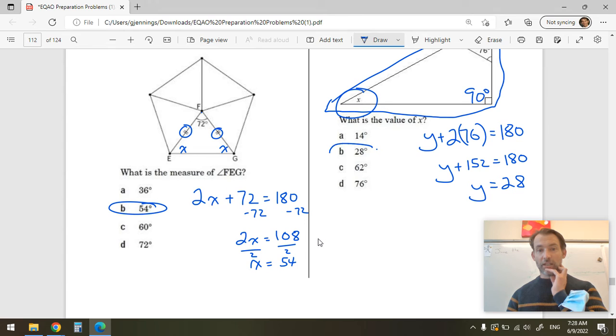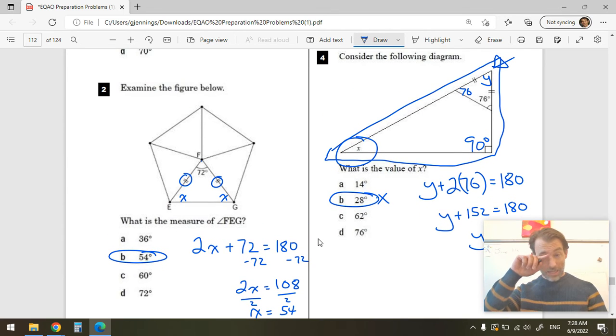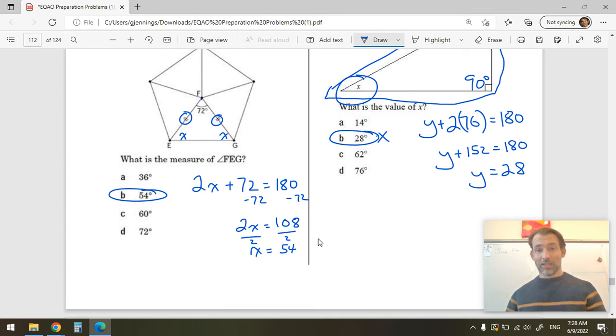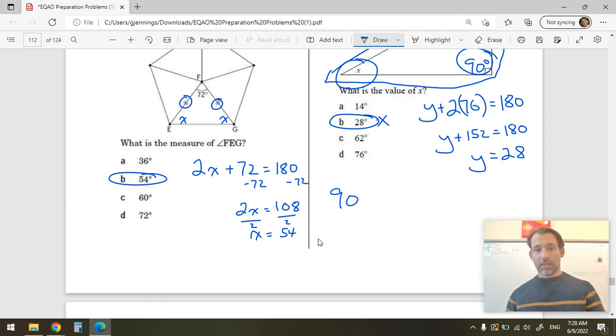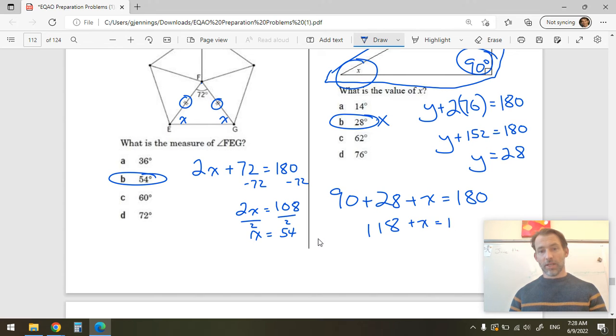So that's not the answer. It's part of the answer, okay? Now, I want to find x. So if I know that y is 28 degrees, then 90 degrees, this one, plus 28 degrees, that one, plus x is equal to 180. 90 plus 28 plus x equals 180. 90 plus 28 is 118. 118 plus x equals 180.